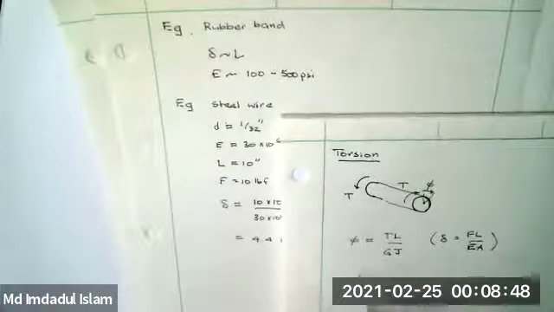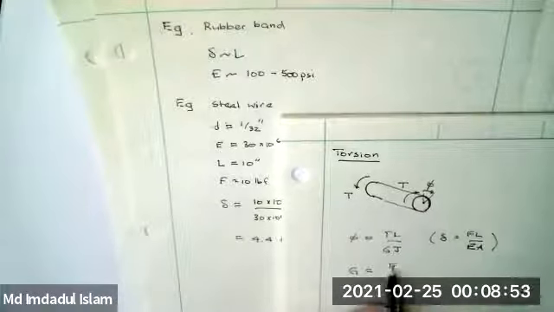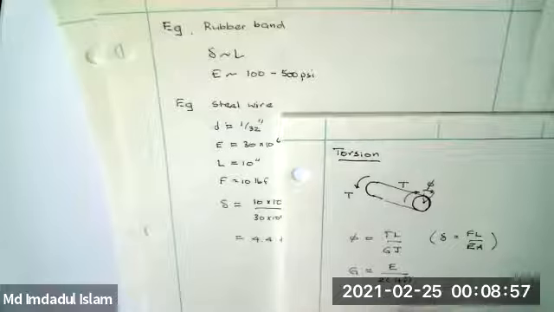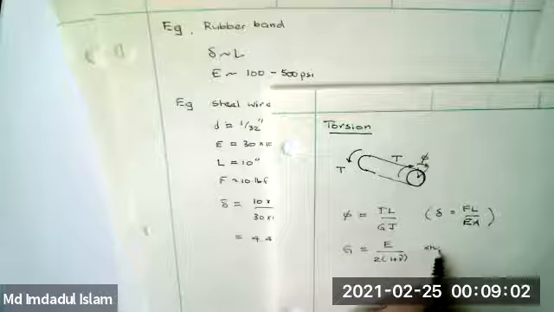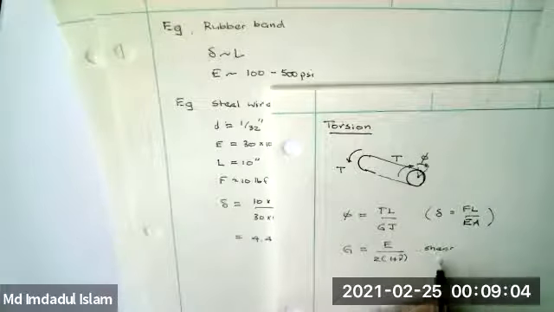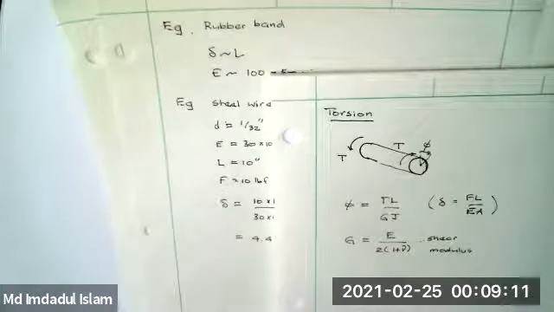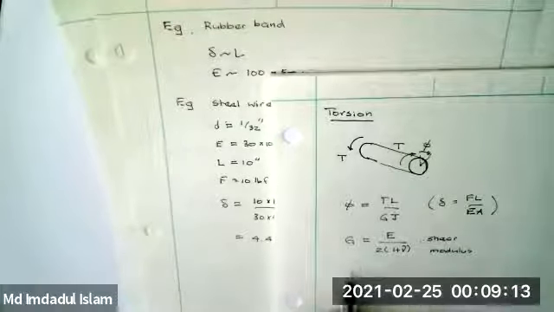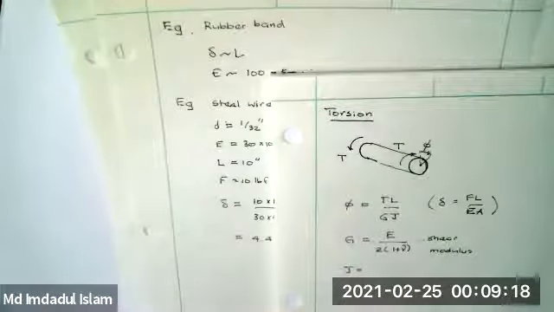G here is the shear modulus. J is the polar moment, sometimes called the polar moment of inertia or the polar area moment.